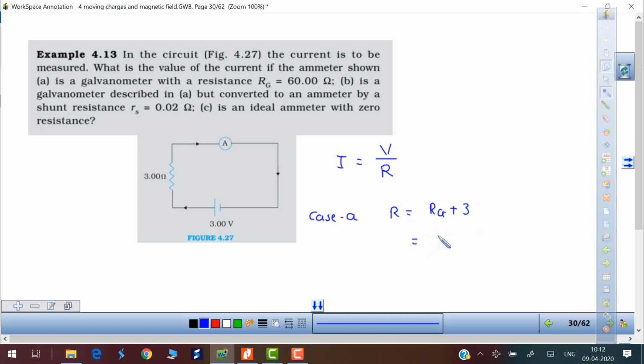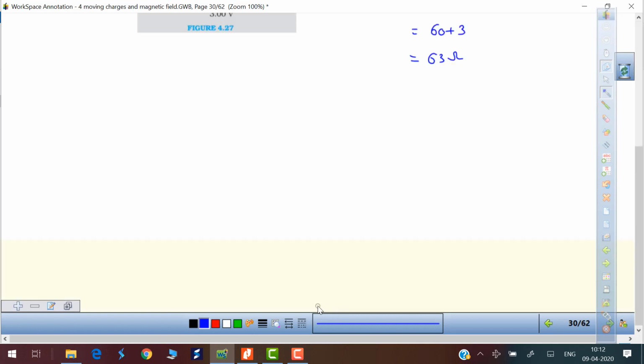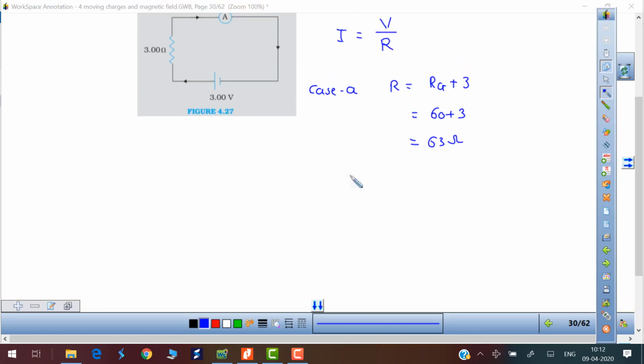So total becomes 60 plus 3 is equal to 63 ohm. So we have current I is equal to what? Simple, applied voltage 3 divided by 63. So that comes out to be 1 upon 21. So it will be less than 0.05. You can use calculator, 0.048 ampere. This is the case 1.